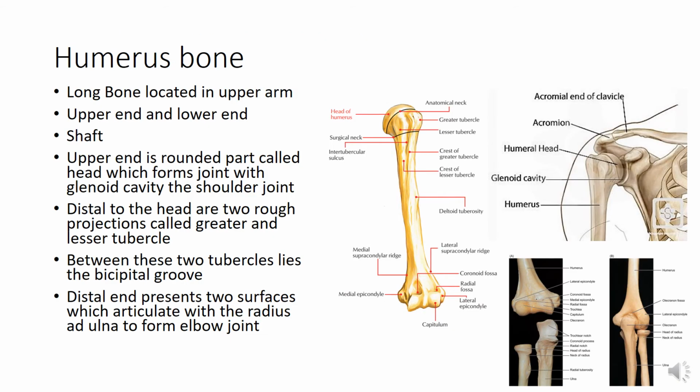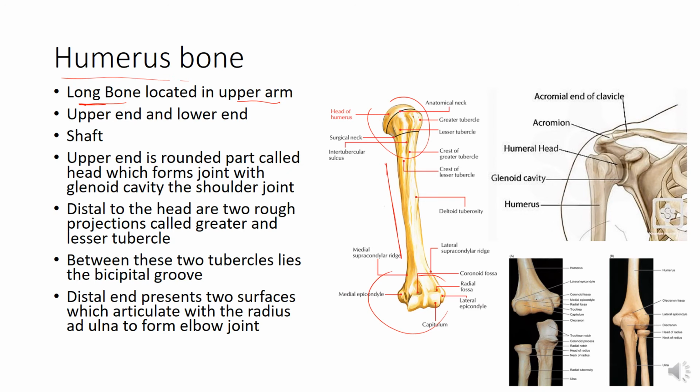with the humerus. So, the humerus bone. The humerus is also a long bone, and it is located in the upper arm. As you know, a long bone has an upper end and a lower end, and a shaft. The upper end is a rounded part.